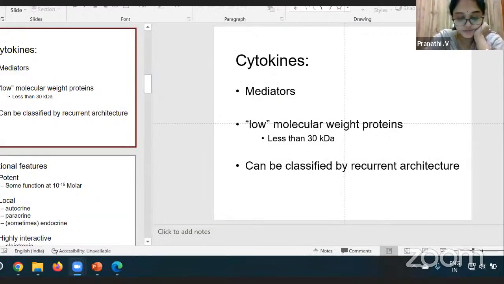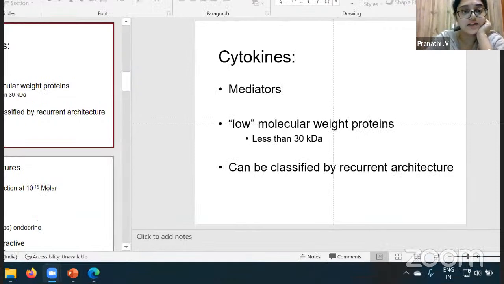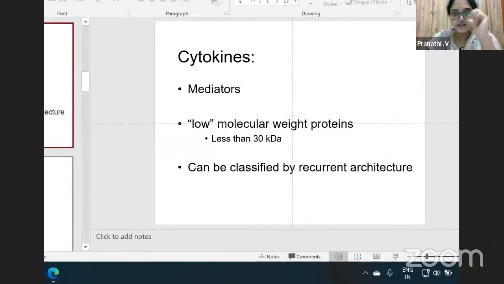Cytokines are small proteins, less than 30 kilodaltons in fact, and they are released by various cells such as lymphocytes, monocytes, macrophages, etc. They are usually produced in response to an active stimulus. This induces a response through the macrophages and binding to specific receptors, and cytokines usually act at a short range, like endocrine, paracrine or autocrine, something similar to hormones.